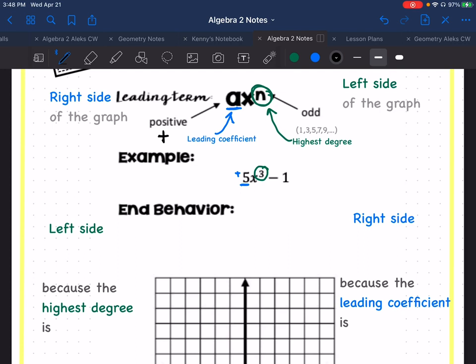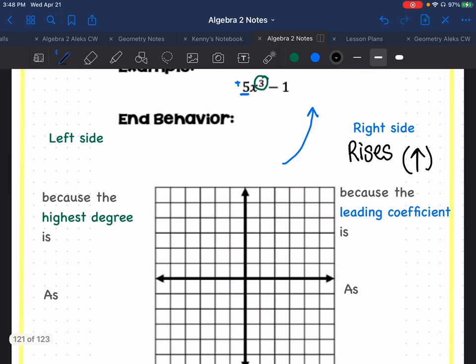In this case, when my right side is positive, just like in the last one, it is going to rise. My right side rises, it's going to go upwards again. So the graph is going to look something like this on the right side. This is, of course, because my leading coefficient is positive.